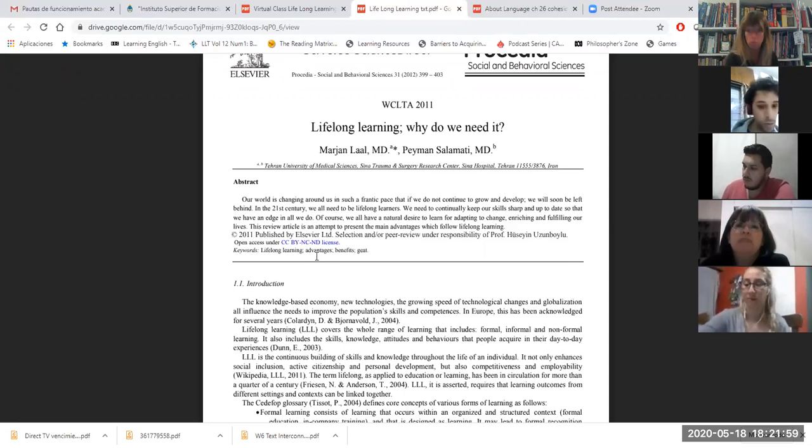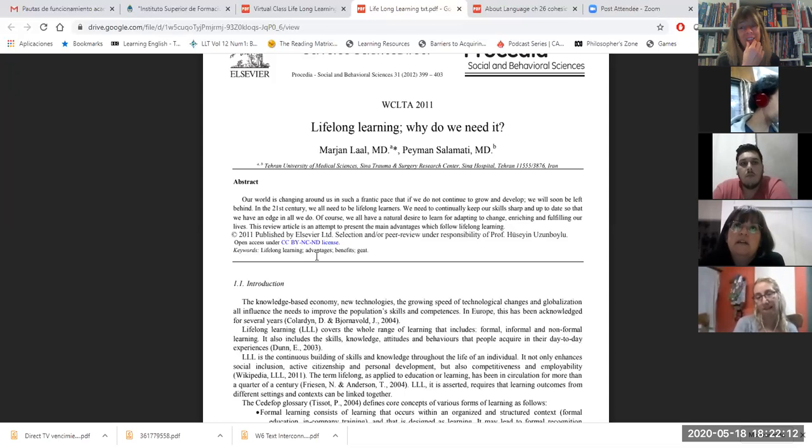I think that in this article I can find evidence for lifelong learning, for instance. So in that way, I think that this is argumentative. I can't find description here. I don't know. What do we understand by description?